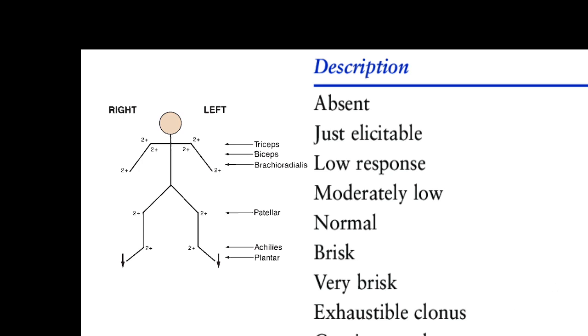They could be noted in terms of numbers: 0 is normal, and minus 1 to 4 suggest different categories of reduced reflexes. Plus 1 to 4 suggest increased reflexes, and usually they are drawn on a picture like this. This is a usual picture, and each of these reflexes is noted in terms of these numbers.